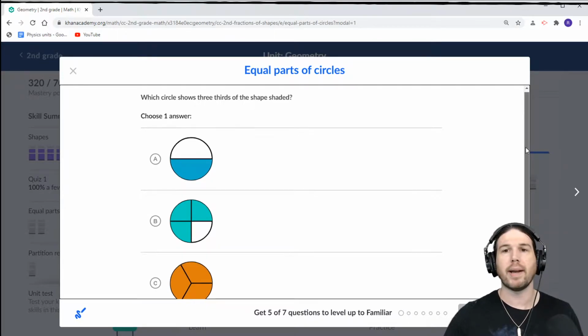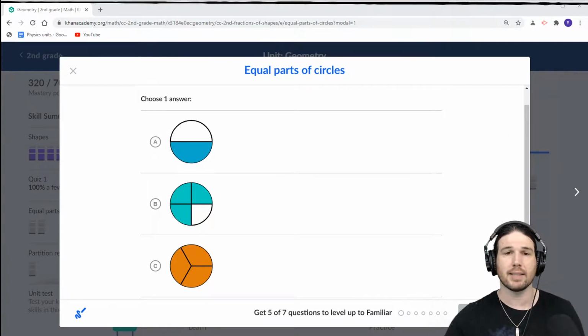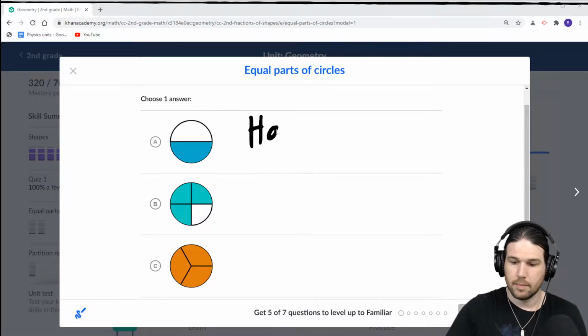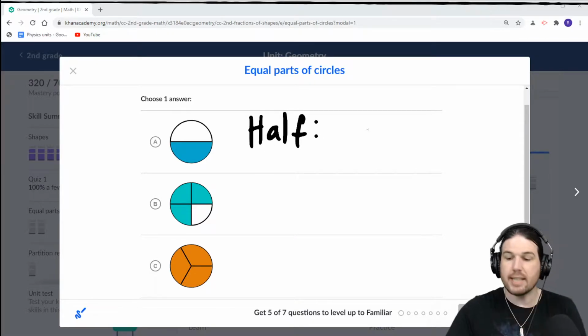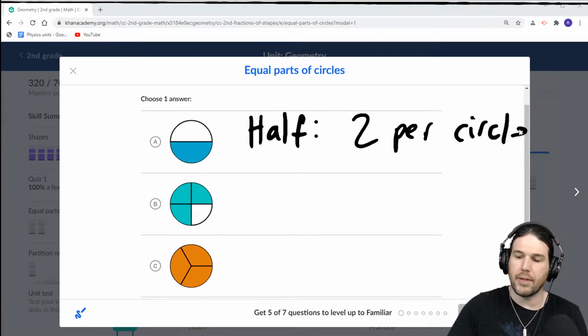But the whole point of equal parts of circles is to recognize that when I say cut the circle in halves, it means that there are 2 per circle and that they're equal.